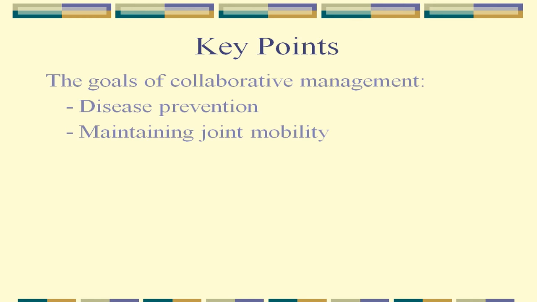The goals of collaborative management are disease prevention. We want to start early. We want to maintain joint mobility in our patient that has developed it. Keep those joints moving again. Encourage range of motion to decrease the possibility of the person developing contractures or dislocation.